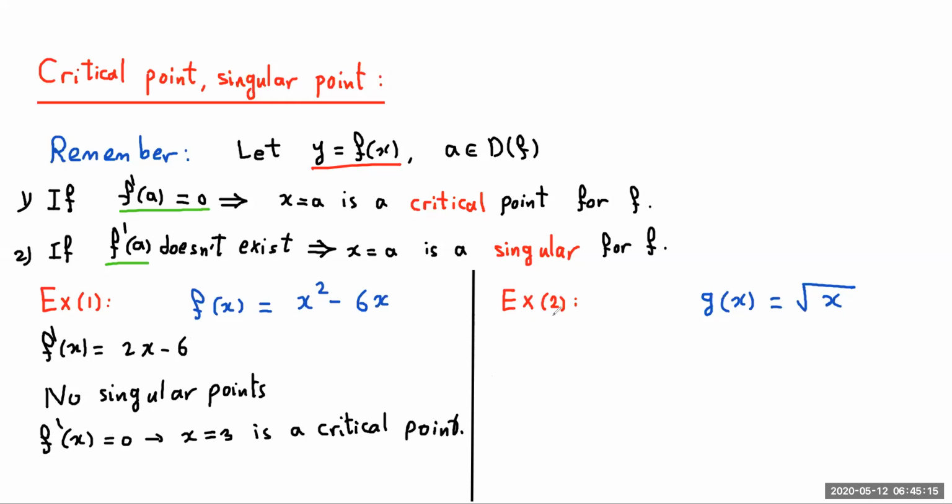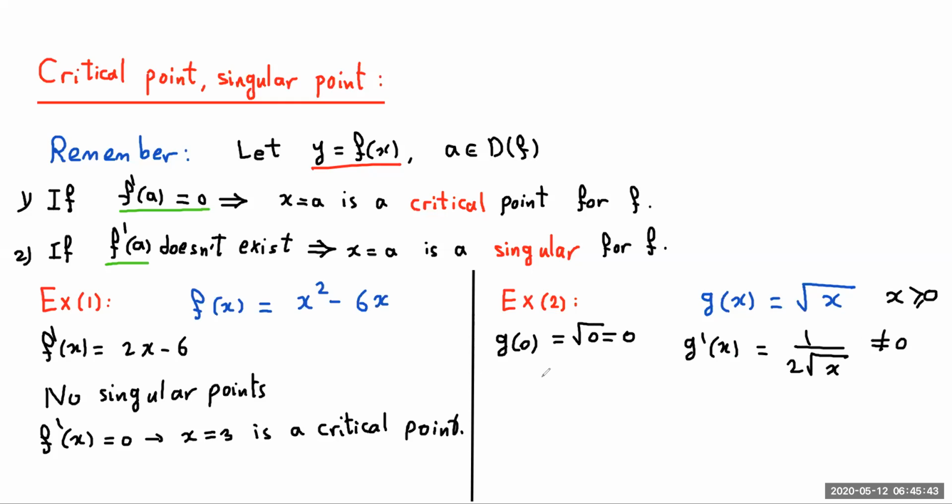Now, the second example, function j(x) equal root x. So here the domain is x greater or equal 0. So the number 0 is in the domain. So what is j(0)? j(0) is root 0 equals 0. It exists. Now, what is j derivative of x? It's 1 over 2 root x. So this is not 0.